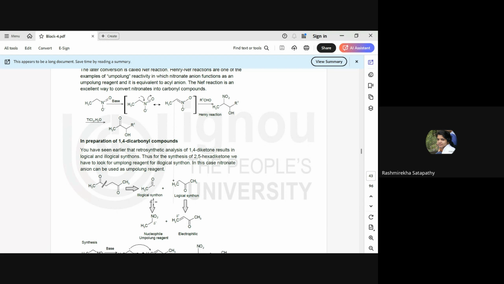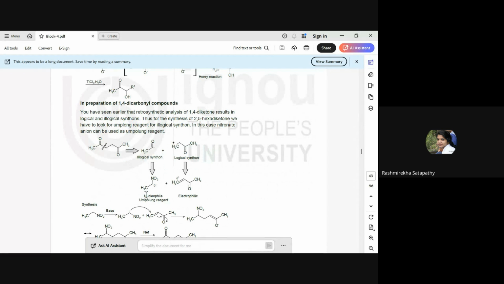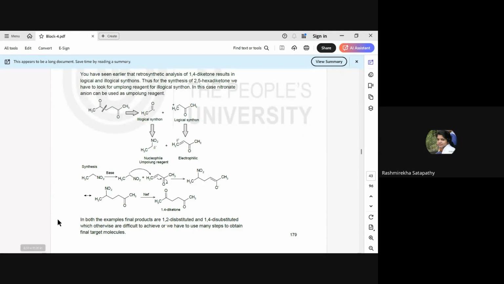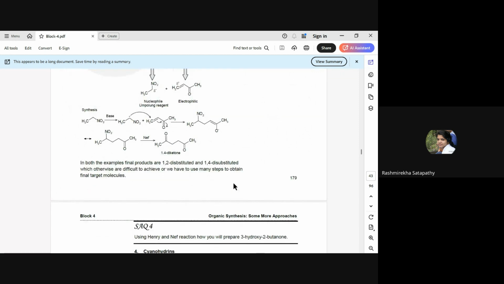This is the break, with the illogical synthon and the logical synthon. The illogical synthon is CH3 delta-minus NO2, and this is the electrophile, the double bond C=O carbons. So the synthesis starts from nitromethane or nitroethane in the presence of base, which takes the proton from here. This attacks this carbon, then this compound is formed, and the Nef reaction gives the 1,4-diketone.